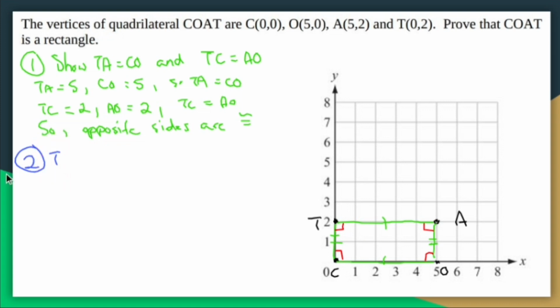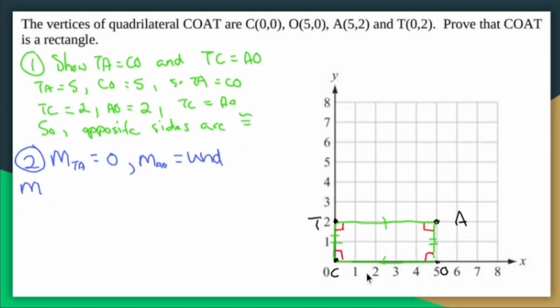So TA, let's actually word it better. The slope of TA, or let's do this. Let's be creative. M_TA, that means the slope of TA is 0 because it's a perfect horizontal line. The slope of AO is undefined.